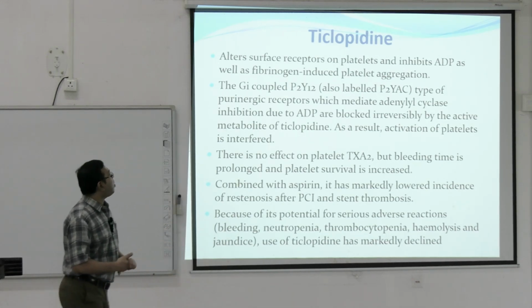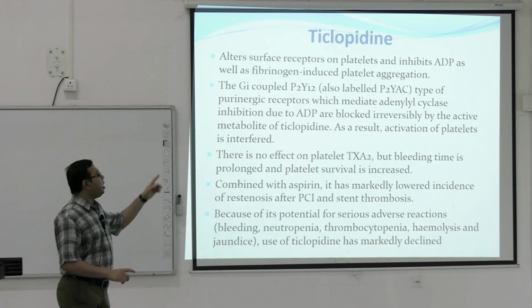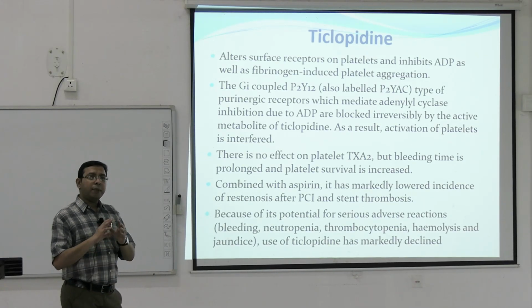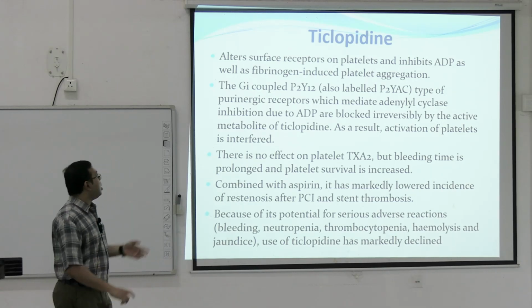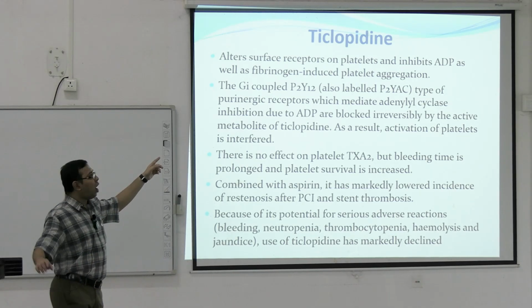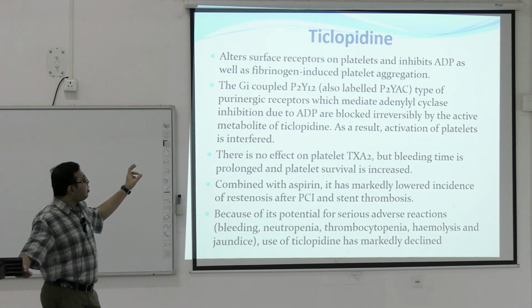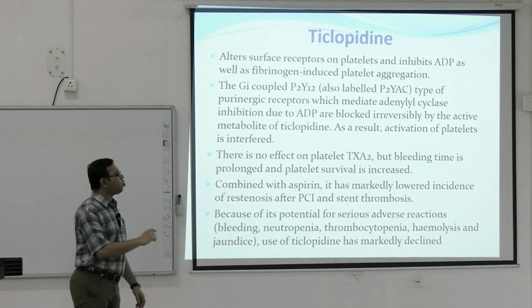Okay. Ticlopidine is another one. It alters the surface receptors on platelets and inhibits ADP as well as fibrinogen induced platelet aggregation. So ultimately all this changes how platelet aggregation happens. The Gi-coupled P2Y12, this is a purinergic receptor, where ticlopidine as well as the next one, clopidogrel, also acts.